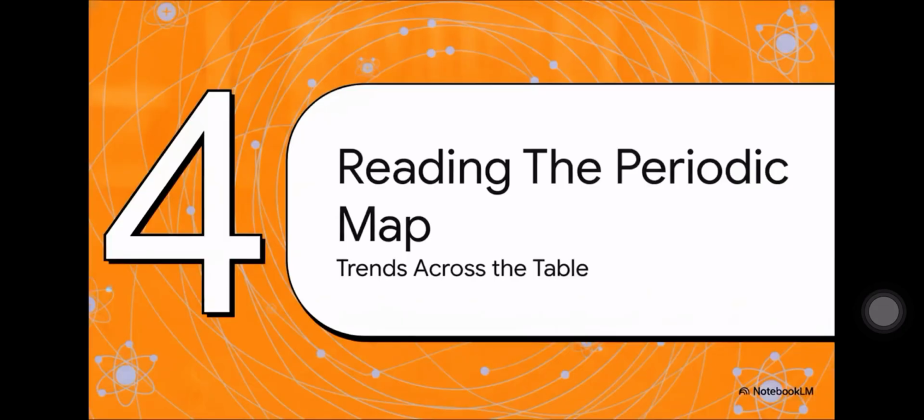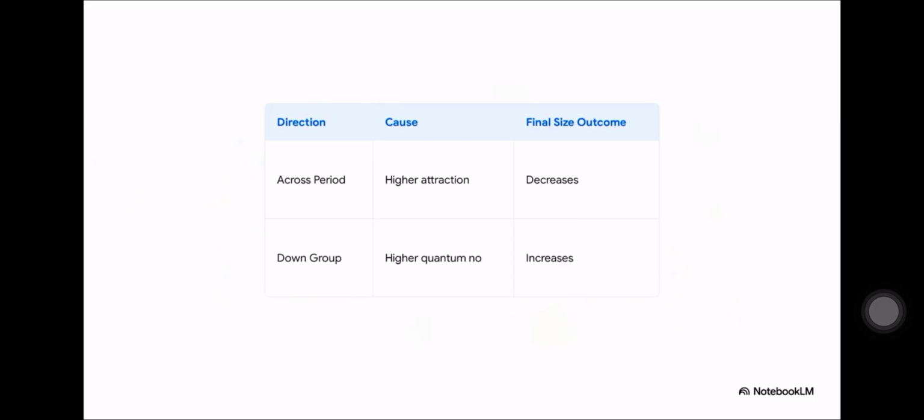Section 4. Reading the periodic map. Trends across the table. Let's move to the table and see how this builds. Now that we've got the internal roles down, the pulling, the shielding, the shells, we can map them out onto the periodic table to see the big picture. Let's look at the two main directions.